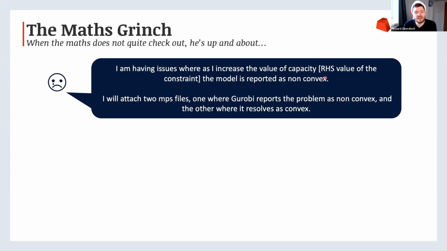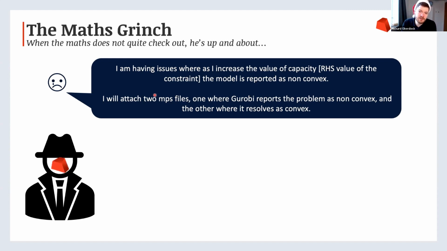I will attach two MPS files, one where Gurobi reports the problem as non-convex, and the other one where it resolves as convex. These MPS files are just file versions of this problem.